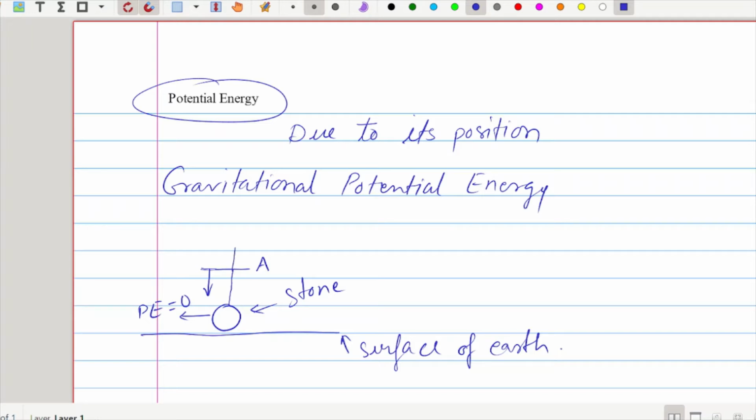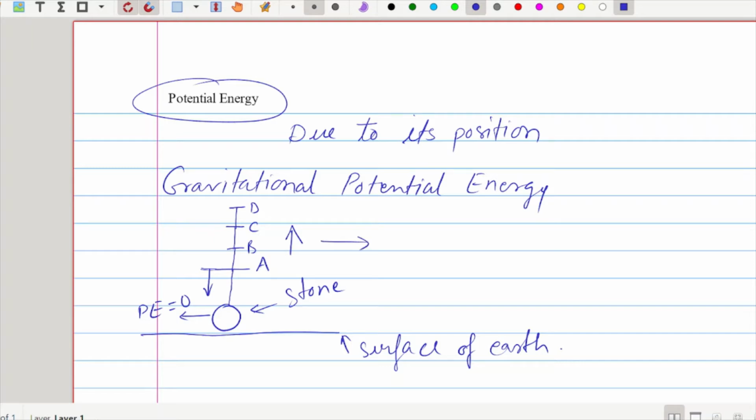So it means that the stone has some energy due to which it's going back to the surface of earth. As you increase the height, let's say you come at point B, point C, point D. When you are taking this stone at point A, B, C, D, the height of the stone is increasing.